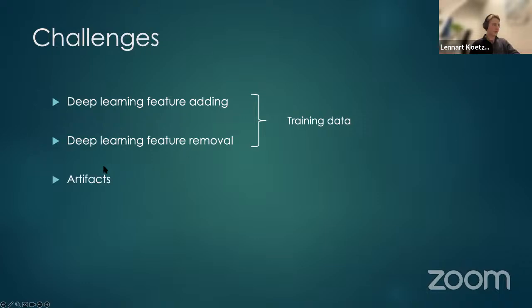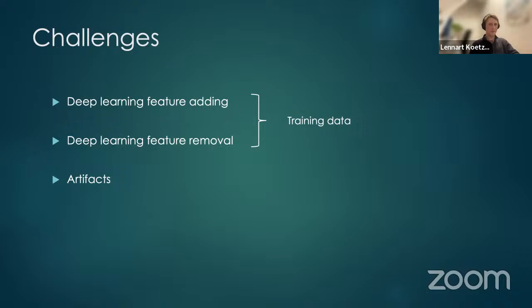I also looked at the artifact reducing capability of the three deep learning networks that are currently out there. And I found that the artifact reduction is not that good.